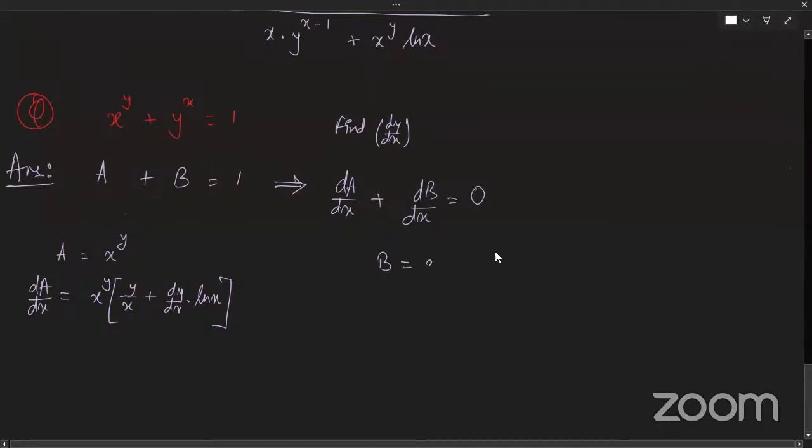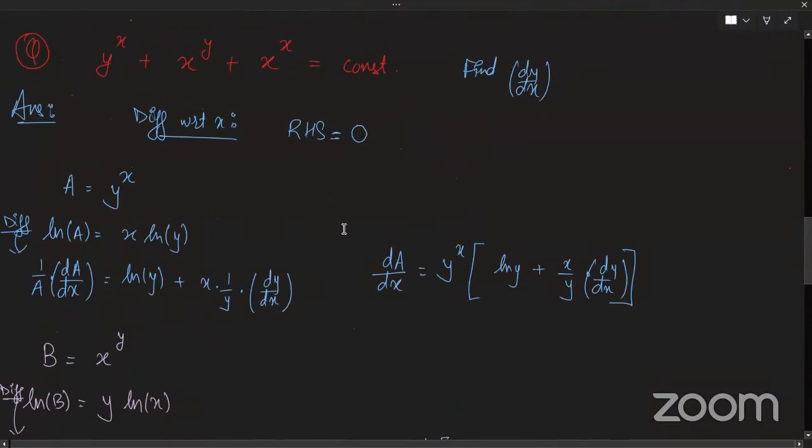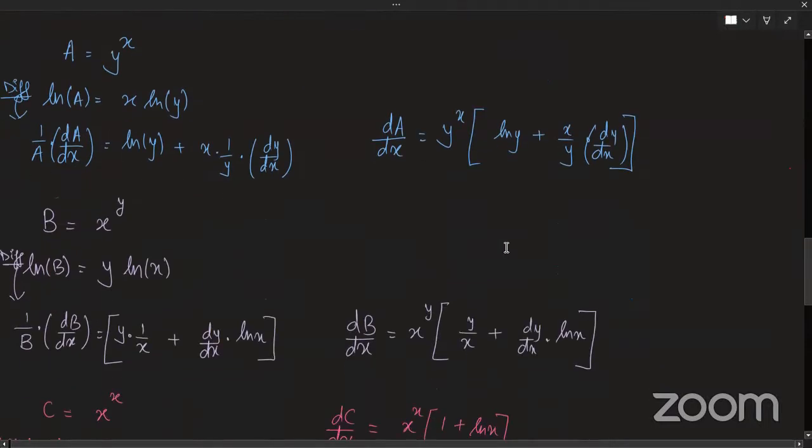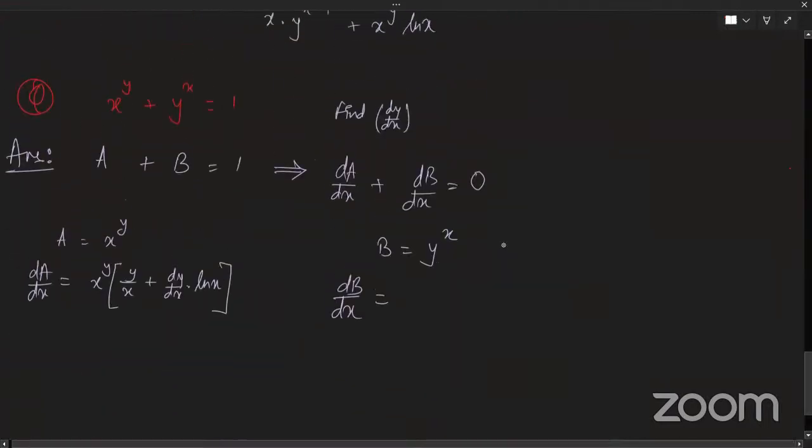Again, I have got B also as y raised to x, so I can copy the derivative of that also. I already calculated it in the previous question, so I'll just copy it from there. So y raised to x into ln y plus x by y into dy by dx.